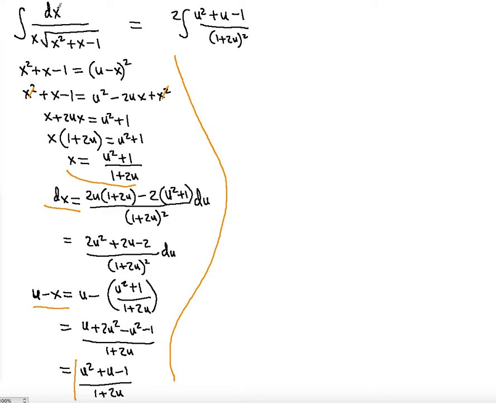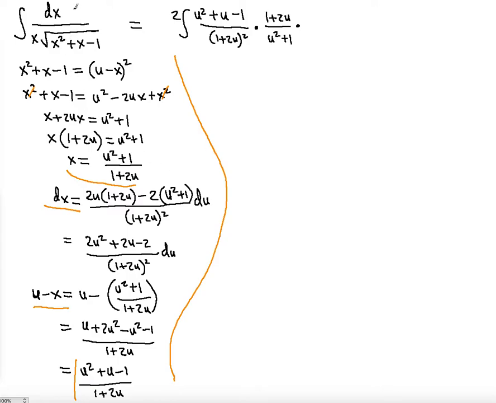This is just the dx part. Now 1 over x. The x was a fraction, but since we have the x on the bottom, we will flip this fraction, so we will have this as the top: 1 plus 2u over u squared plus 1.